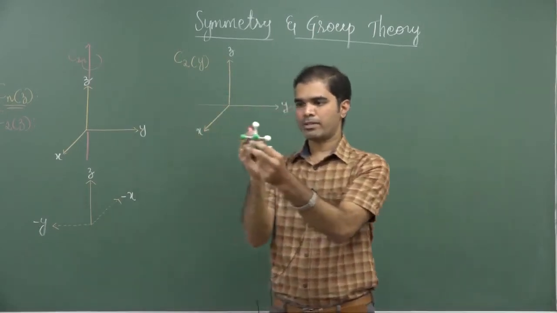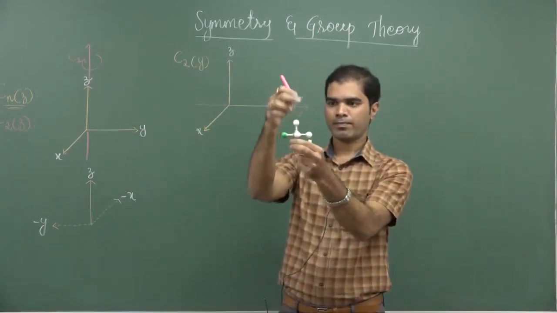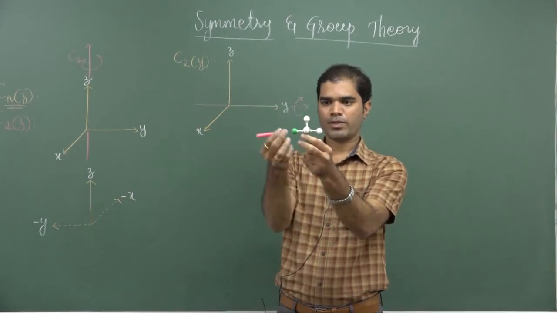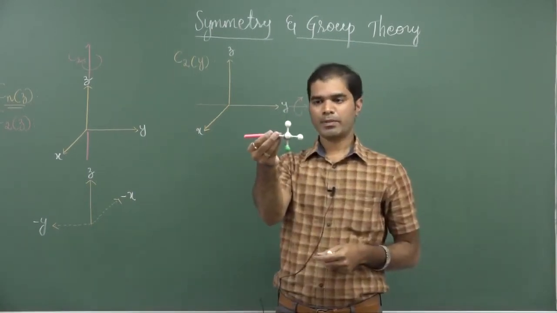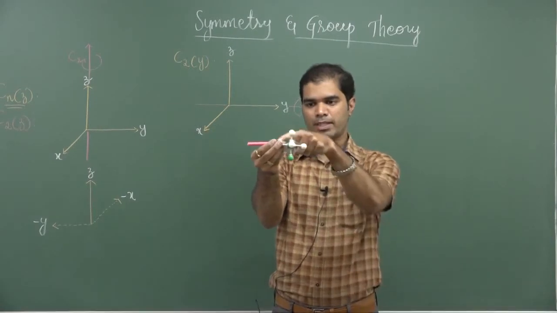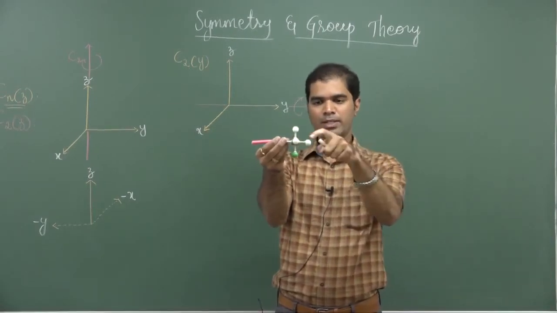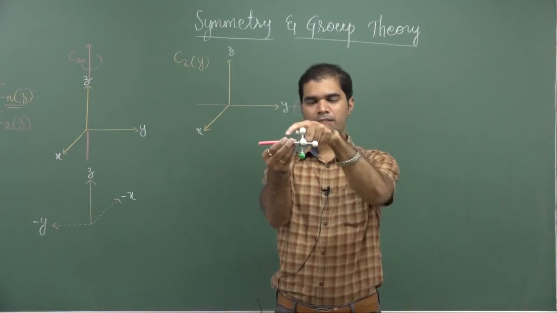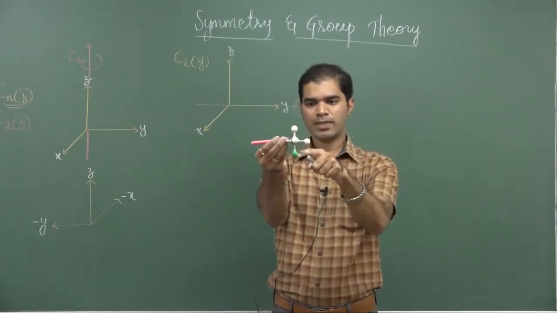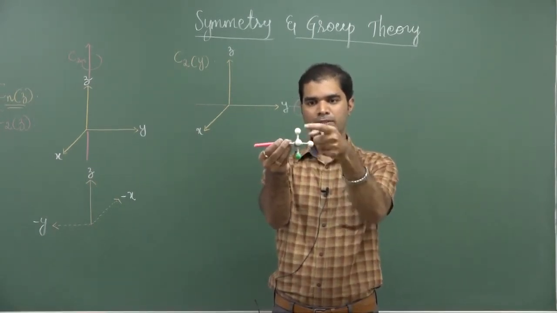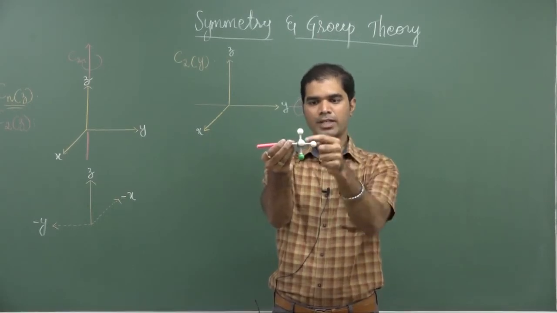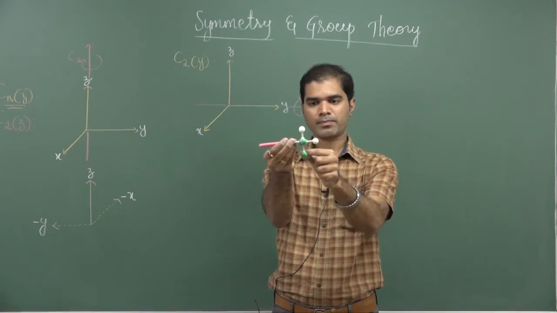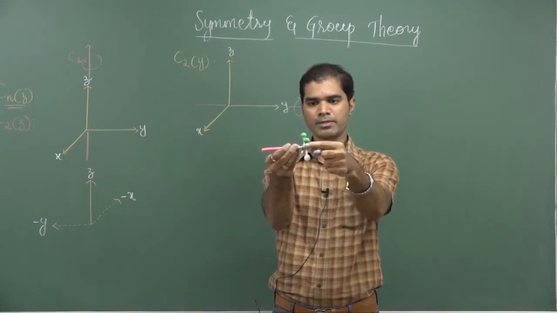Now what we are doing is, instead of Z, we are trying to pass it from Y. As we are passing it from Y, this axis is passing through the Y coordinate. Y will not exchange with its opposite phase, whereas Z will exchange and X will exchange. You can see, this white will exchange into this green. Can you see?